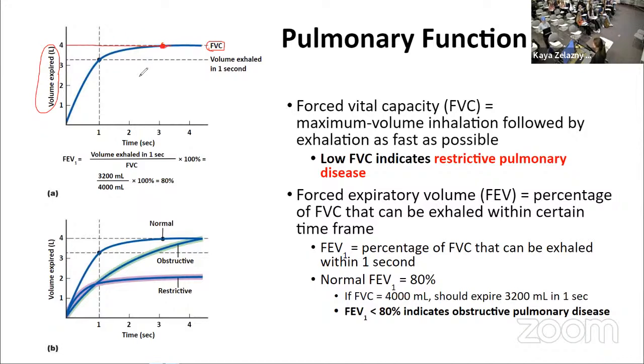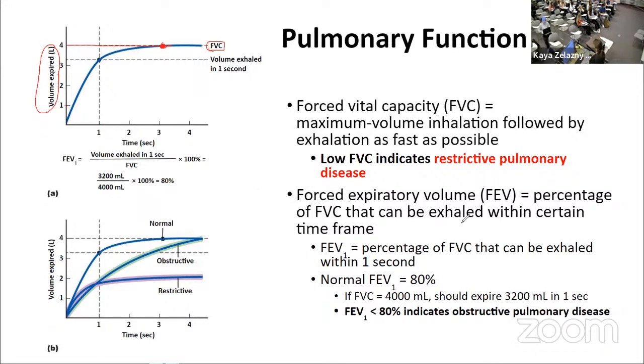We can see we breathed all the way in, and then we breathed out 1 liter, 2 liter, 3 liter, 4 liter, flattened out at 4 liters. So that would be our forced vital capacity. Okay, now when we see a low forced vital capacity, this is usually going to be an indicator of restrictive pulmonary disease.